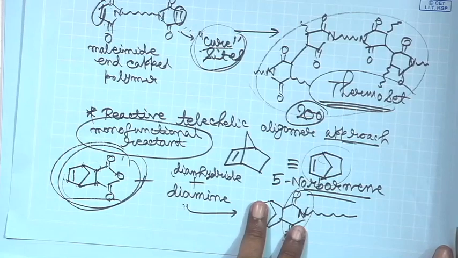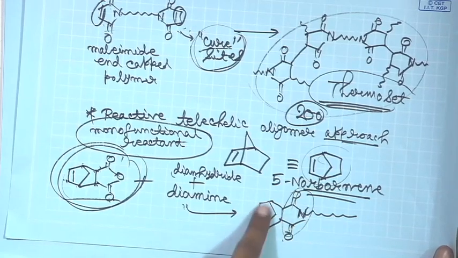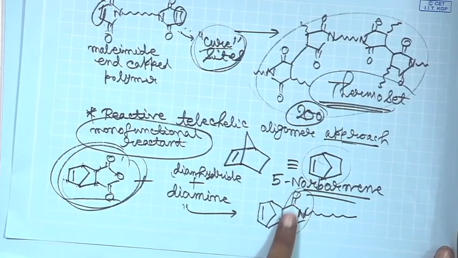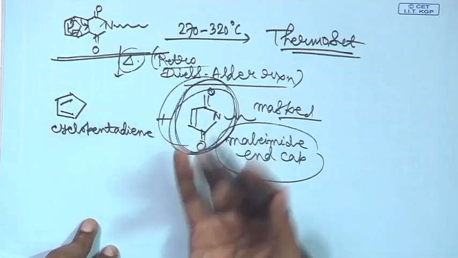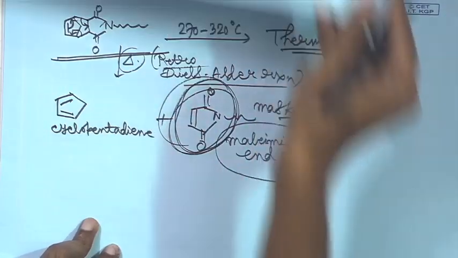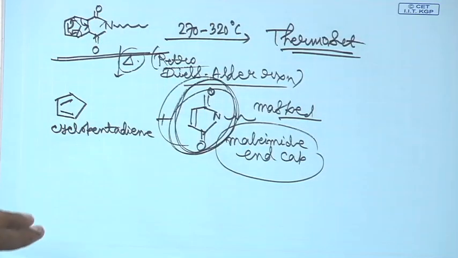So, it will end cap and then this will open up by a retro-Diels-Alder reaction revealing the maleimide unit here, and now you know what is going to come next. This can be cross linked, and we have already talked about this kind of cross linking reactions. So, you can get your thermoset material.